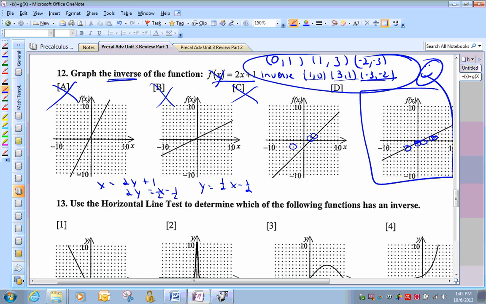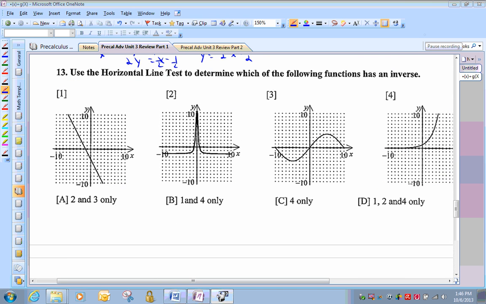Go Bearcats! All right, next we're just looking at the horizontal line test to determine which of the following functions has an inverse function. All functions can have inverses. It's just that their inverses may not be a function. Horizontal line test. If the horizontal line test is passed, then when you do an inverse, the inverse will also be a function.